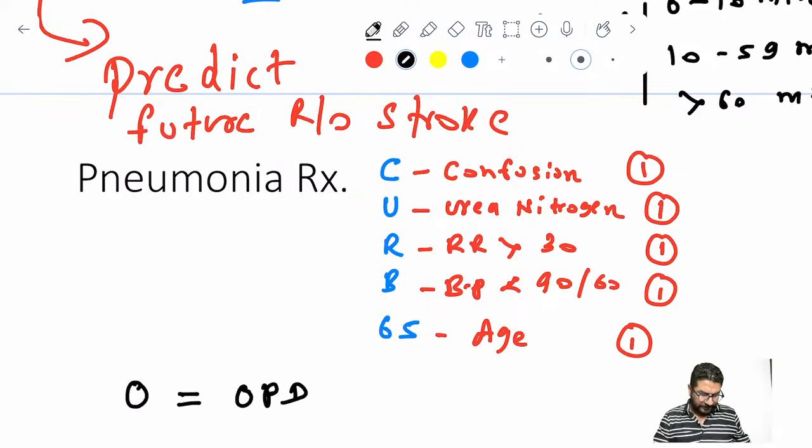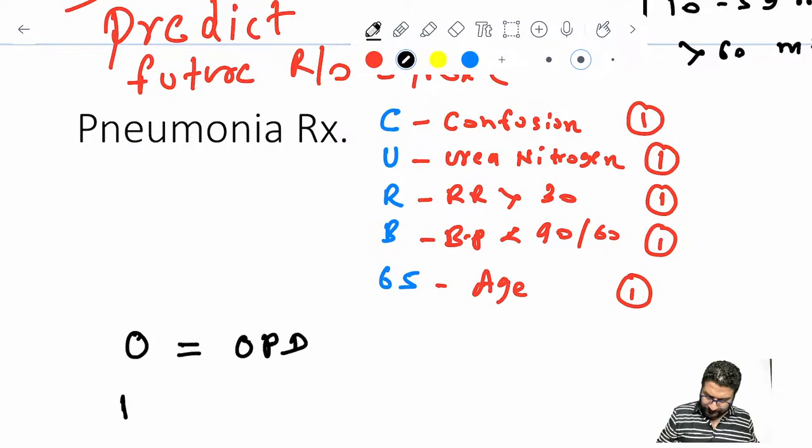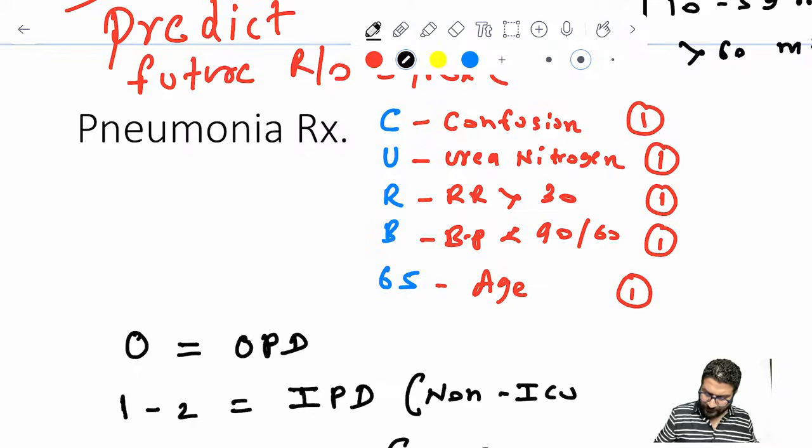OPD में आप इसको छुट्टी कर दो. Clear? If score value is 1 to 2, then this patient needs to be admitted in IPD, and if it is more than 2, इसको भी आपको IPD में admit, कहाँ करना है? ICU में. The earlier patient you will admit in non-ICU. Non-ICU means you can admit in the normal ward.